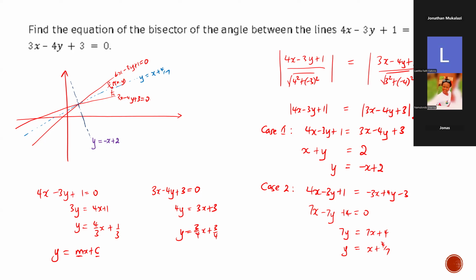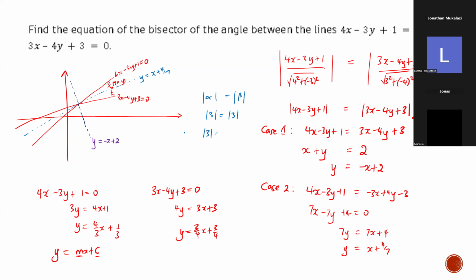The reason we made one negative in case 2 was because if you have an equation, let's say the absolute value of alpha is equal to the absolute value of beta, there are two cases when this could be true. Let me just illustrate. The absolute value of 3 is the same as the absolute value of 3, but the absolute value of 3 is also the same as the absolute value of -3. So you're not sure whether it's the same number or just the negative of the number.